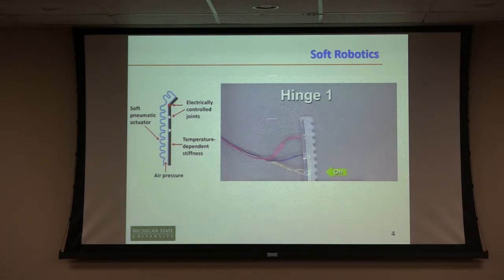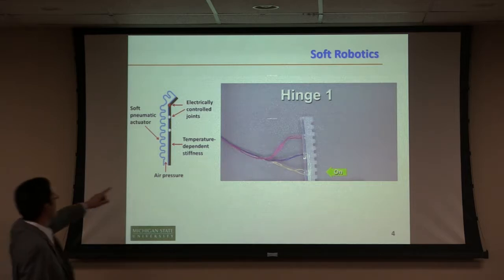You want the robots to be able to navigate through narrow openings or very curvy channels. But sometimes you also want the robots to be able to sustain loads, which means you need to be able to stiffen up.